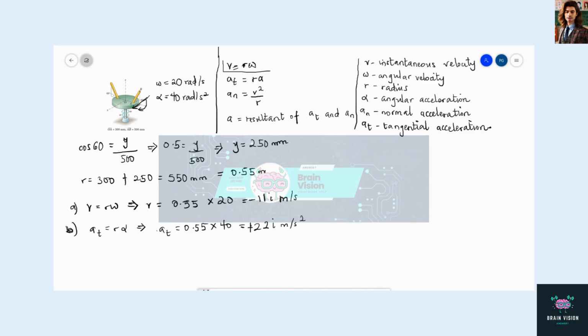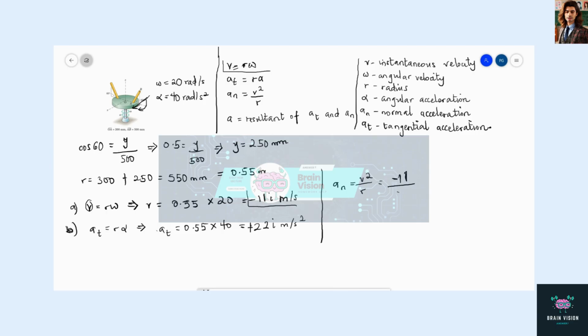And then finally for the normal acceleration, A_n is v squared over r, which is essentially the centripetal acceleration. So we're going to use this velocity. That's minus 11. Minus 11 squared over r.